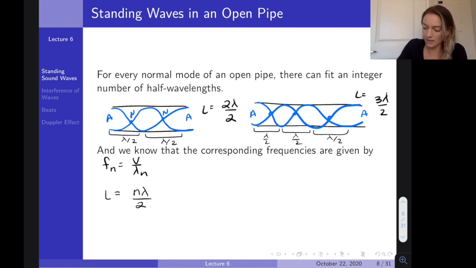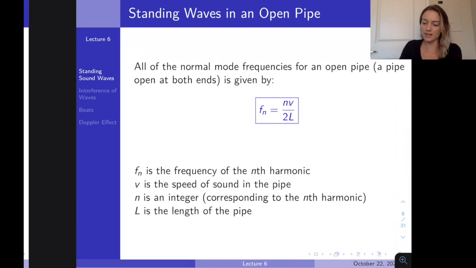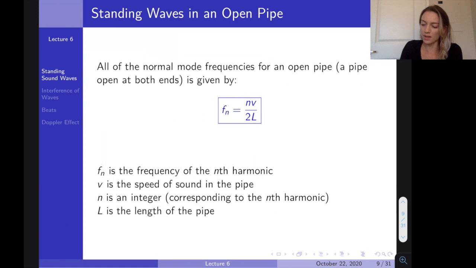That means that my lambda is 2L over n. So I can plug my lambda into here, and I get that the frequencies are n times v over 2L, where n is just some integer. So I can write that here. These are all of the frequencies for my open pipe. So that's a pipe that's open at both ends.